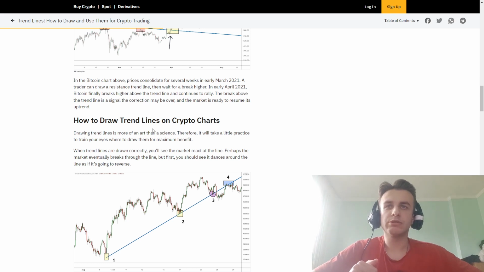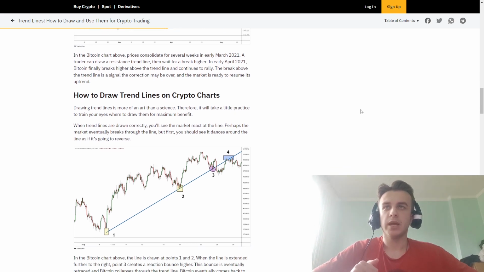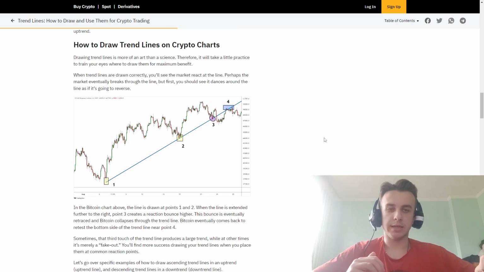How to draw trend lines on a crypto chart. Drawing trend lines is more an art than a science, therefore it will take a little practice to train your eyes where to draw for maximum benefit. When a trend line is drawn correctly, you will see the market react to the line.